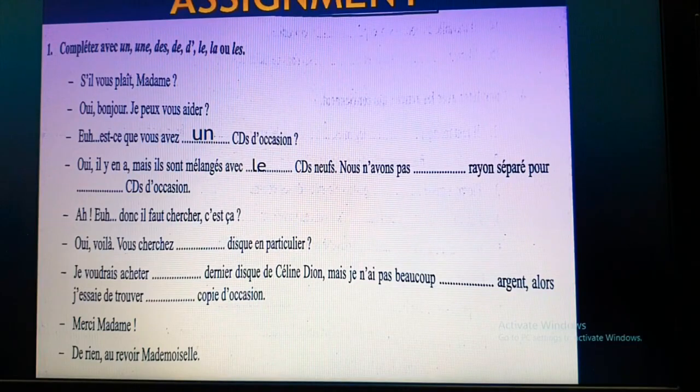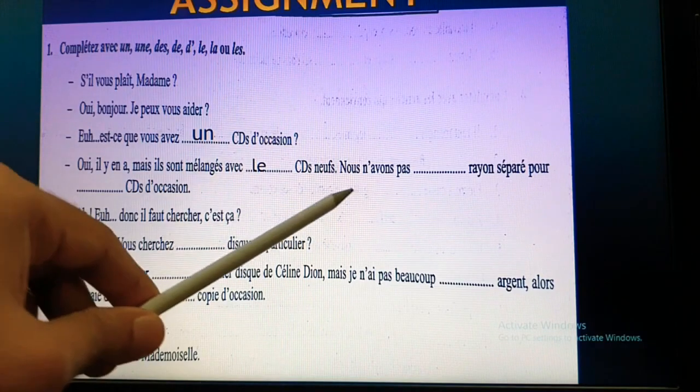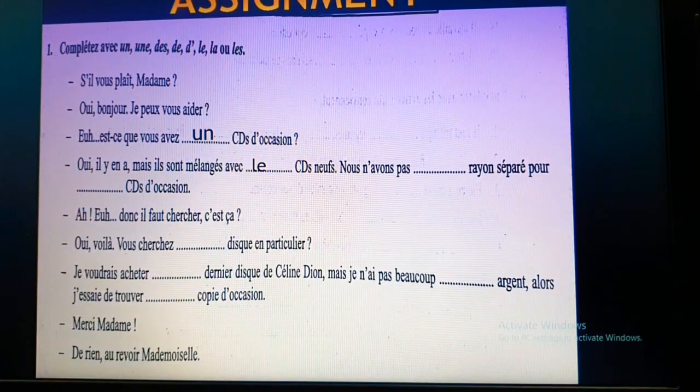And "nous n'avons pas dash rayon séparé pour dash CD d'occasion", we don't have a separate section, rayon is section, for occasional CDs.